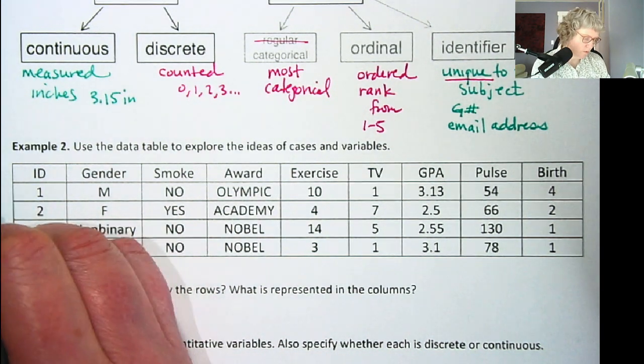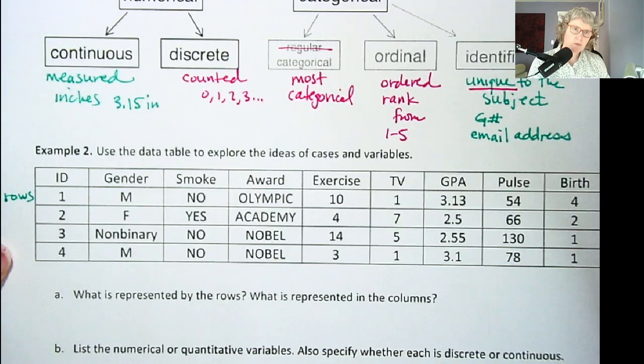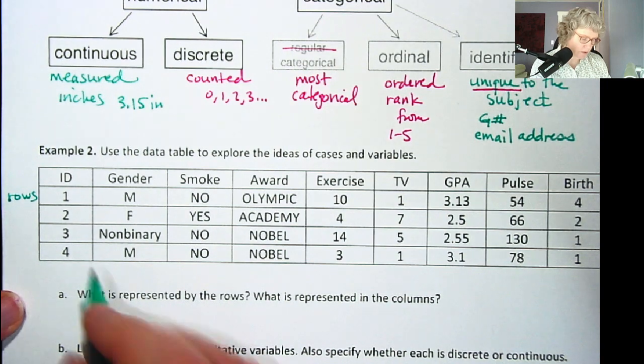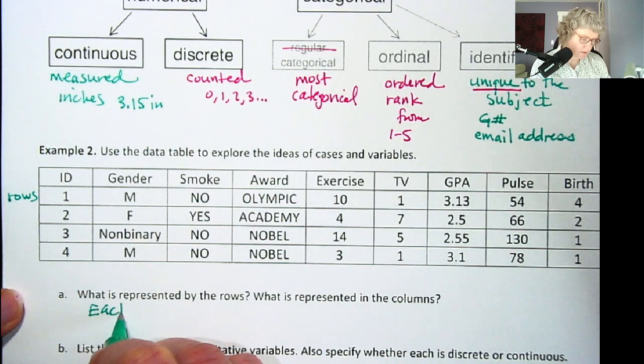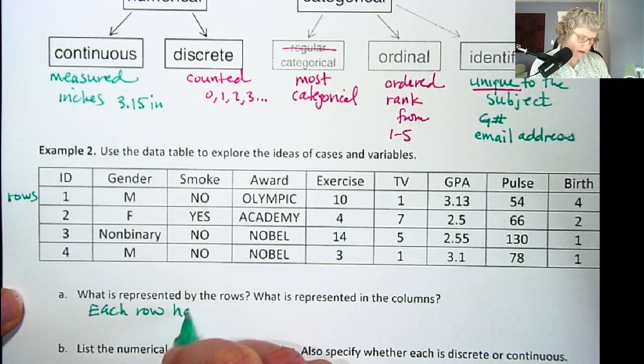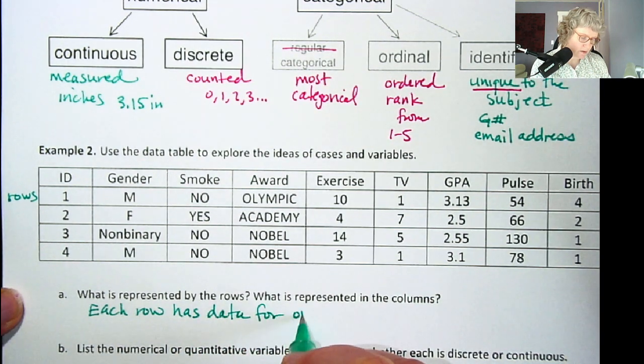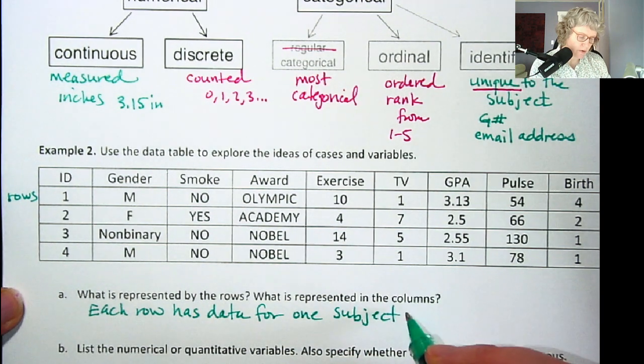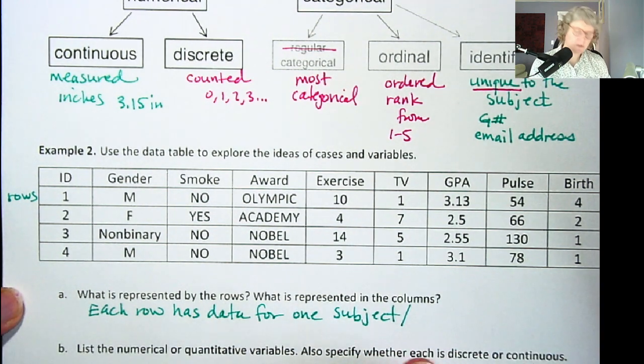Okay, so let me put rows over here. Rows right there. Okay, so each row has the data for one subject. And remember, we've seen a couple different words for this: subject, case, or observational unit.